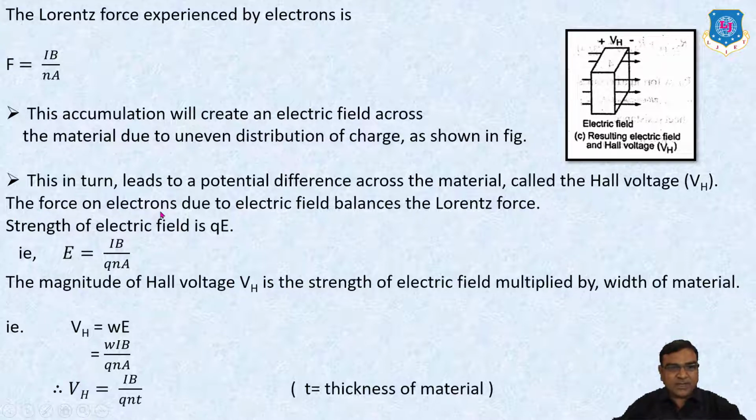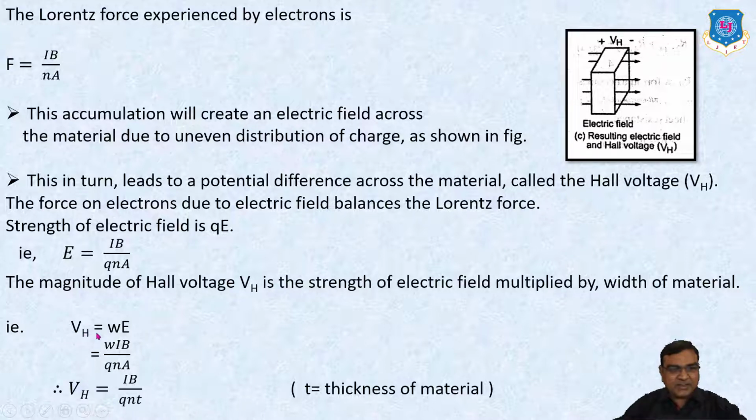The force on electrons due to the electric field balances the Lorentz force. The strength of the electric field is Q into E, where E is equal to IB by Q n into A. The magnitude of the Hall voltage VH is the strength of the electric field multiplied by the width of the material.